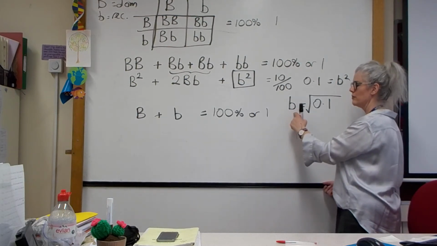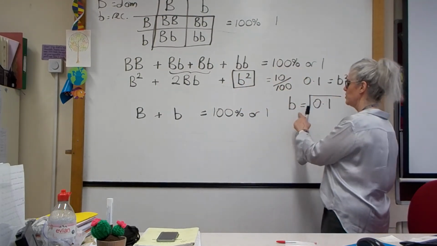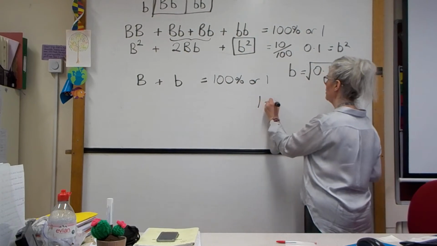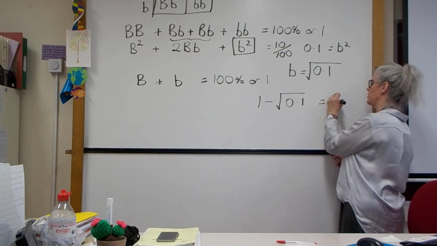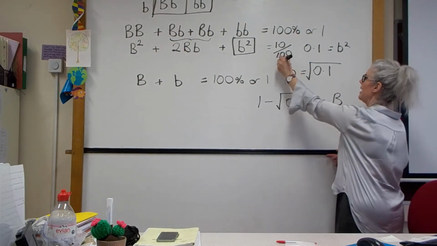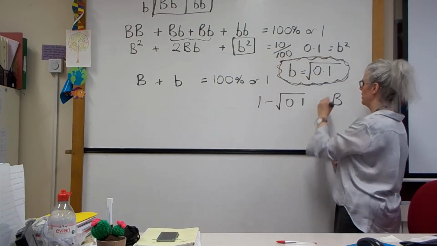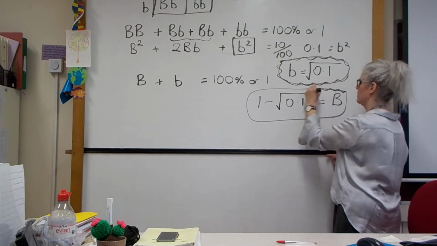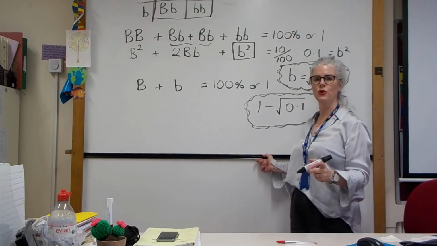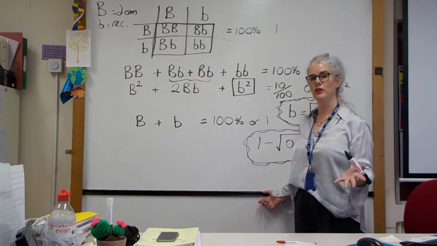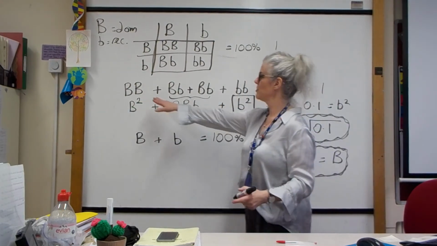Now if we can work out little b, and it is one of 2 possible alleles, we can rearrange this equation to work out what big B is. So if we do 1 minus the square root of 0.1, that will give us a value for big B. So we have a value for little b, and we have a value for big B. So if we wanted to know the frequency of the homozygous dominant, we could just simply square big B to get that number.